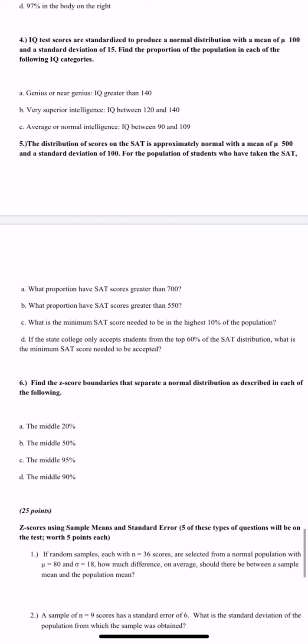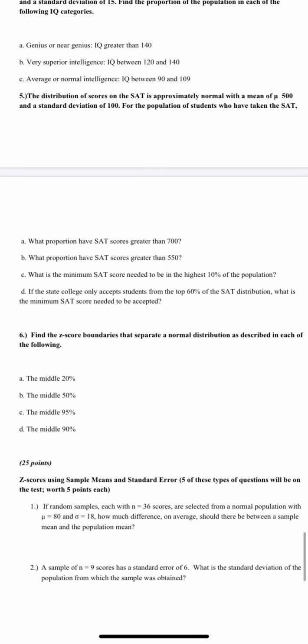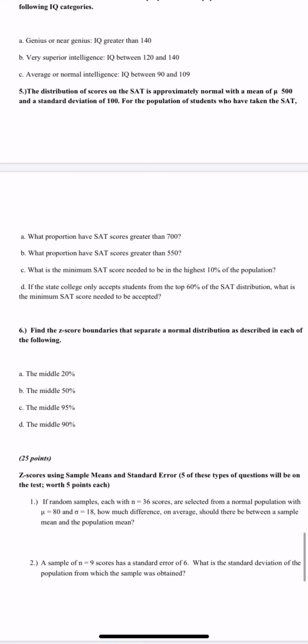Okay, finding a score. What is the minimum SAT score needed to be in the highest 10% of the population? Okay, so the highest 10% of the population is on what side? It's on the right side of the distribution, right?